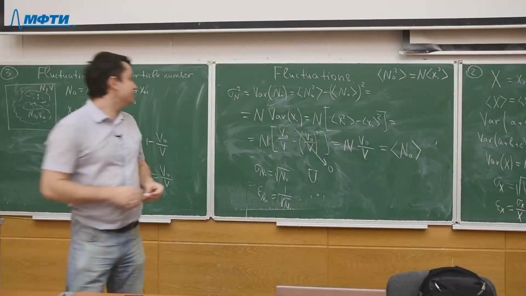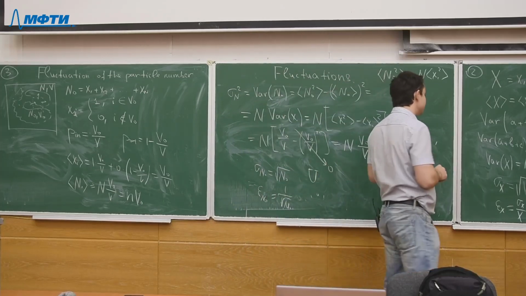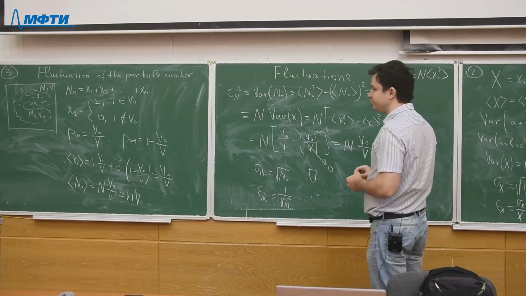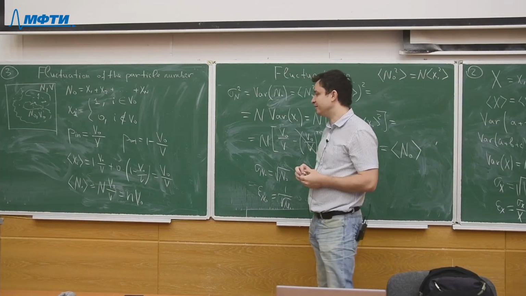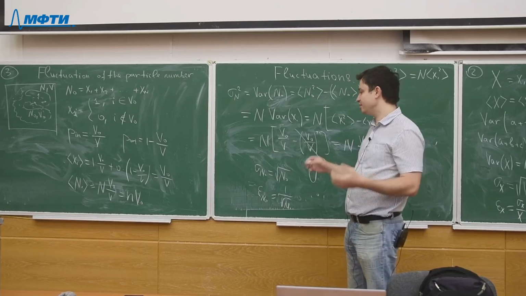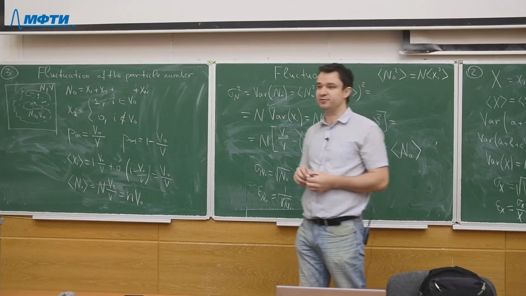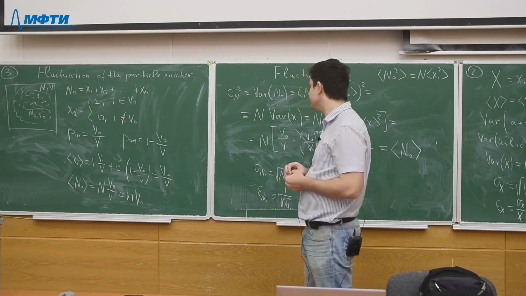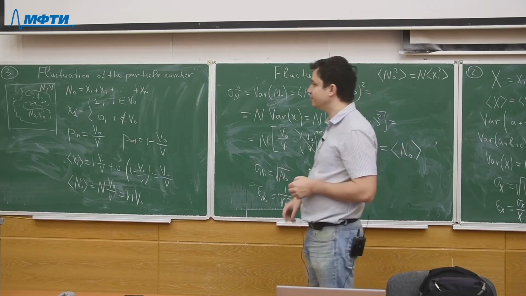Yeah, let's continue. So in the previous part, we ended up with the fluctuations of the particle number, and it turns out that the fluctuations obey the square root of n rule. So they are increasing in absolute value as square root of n, while the relative value decreases as the inverse square root of n.